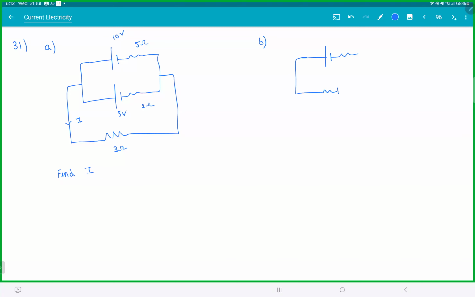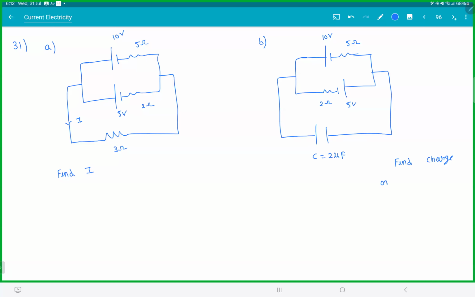That same question, but this time it is in reverse polarity. 10 volt, this is 5 ohms, 2 ohms, and 5 volt. This time you connected a capacitor. You can do this for capacitors also. It doesn't matter what device you're using. 2 microfarad. Find charge on the capacitor. There.